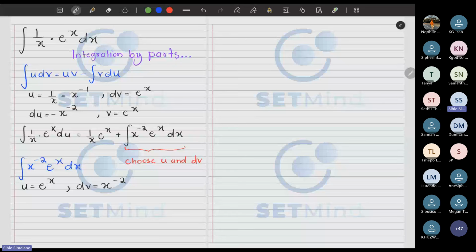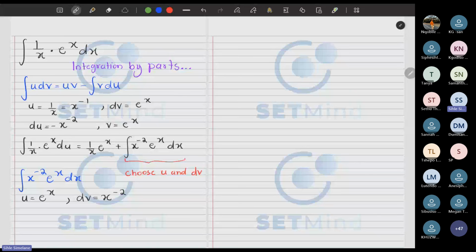It will go to x to the -3, and you still will not be able to integrate that. But if we choose it to be dv, when we integrate, we are bringing it back to 1/x. And we will do some integration, which you learned from first year, where you are now transposing an integral, it adds up with another one, and you end up dividing.